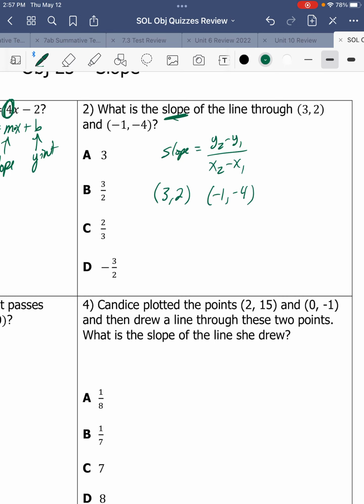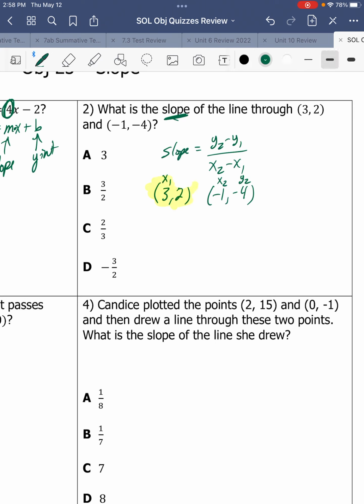They're just labeling the coordinates. So I'm going to say the first coordinate that I hear is x sub 1 and y sub 1, and then x sub 2 and y sub 2. All that matters is that one of the coordinates is your first.